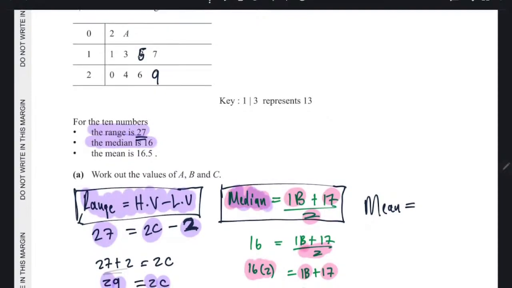Median, I now know you know how to get it. You cancel the top, you cancel the bottom, until you remain with one thing. That will be your median. If you remain with two things, you add them and divide them by 2 to get the median. The range is the highest, the biggest, minus the smallest.